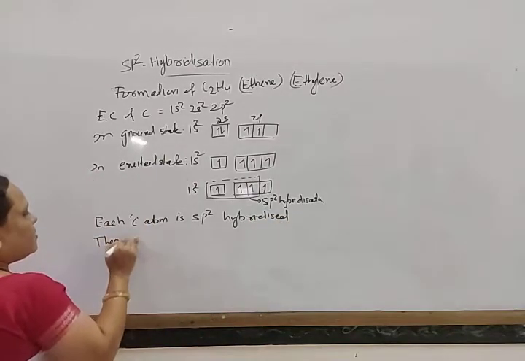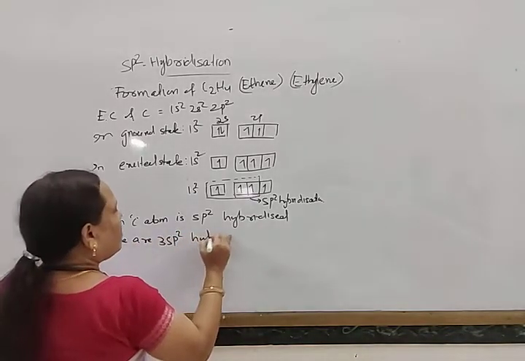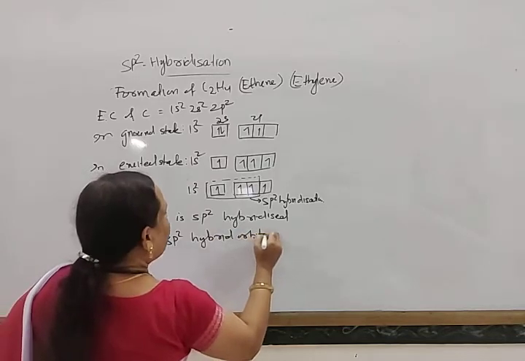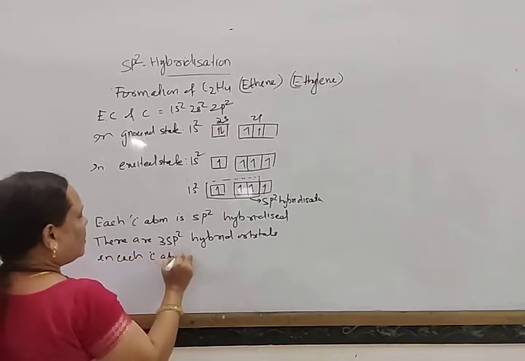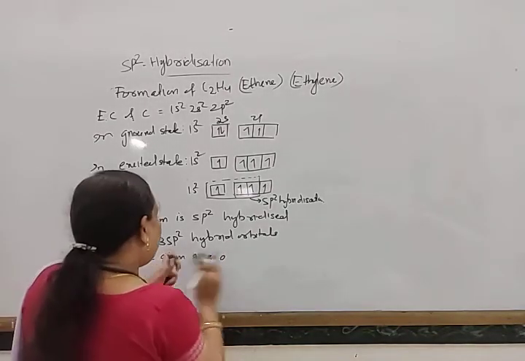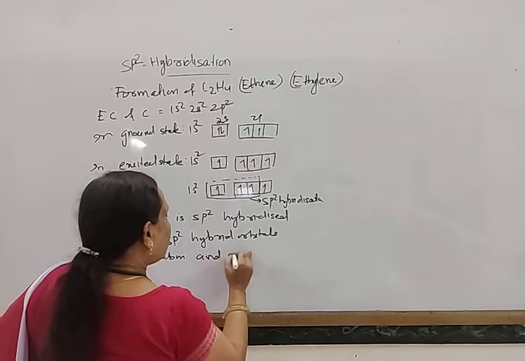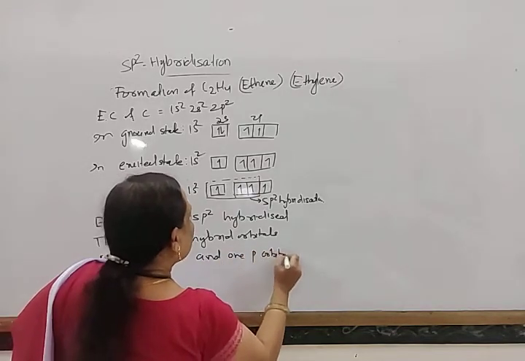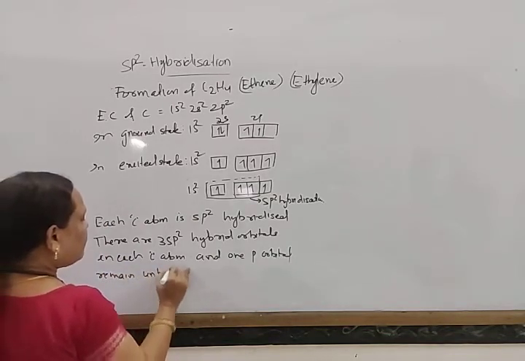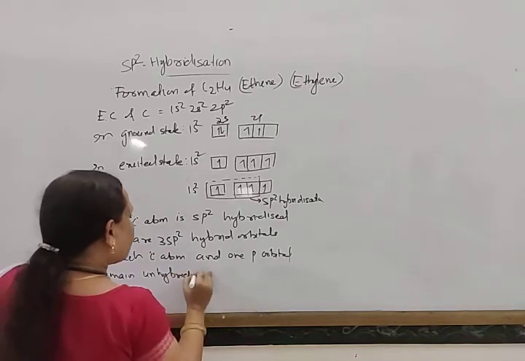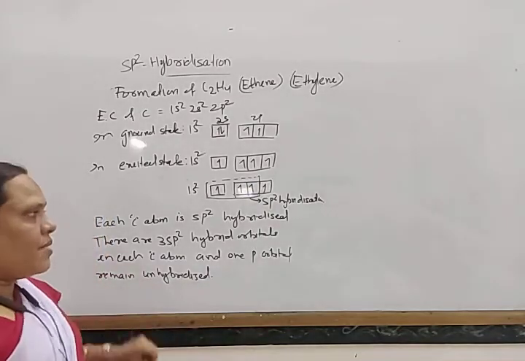There are three sp2 hybrid orbitals in each carbon atom, and one p orbital remains unhybridized.